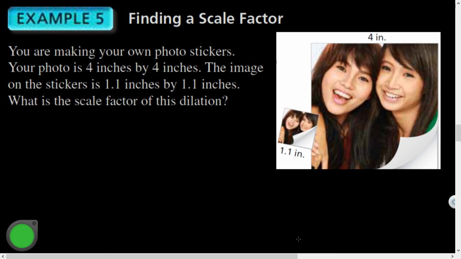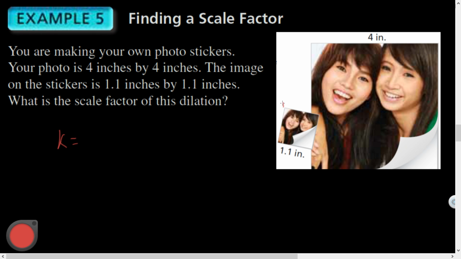Okay. So, all right, here we go. You are making your own photo stickers. Your photo is 4 inches by 4 inches. The image on the stickers is 1.1 by 1.1. What is the scale factor of the dilation? What's k going to equal, friends? Which way do I do it?